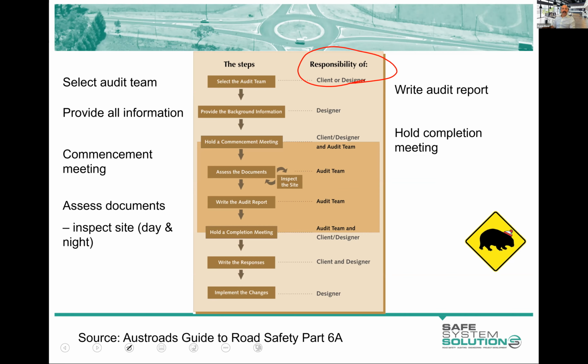A completion meeting of some description or a handover of information is done, and a response to the road safety audit report is done, and then the changes are implemented into that project.